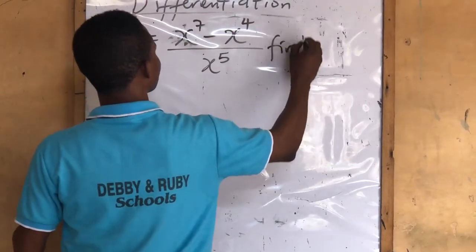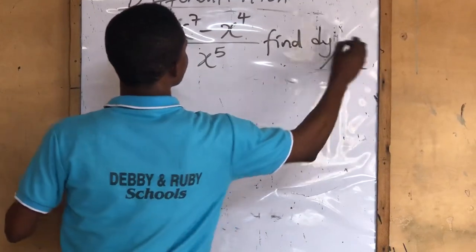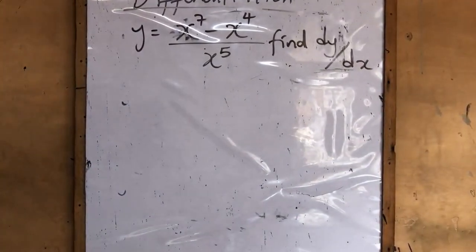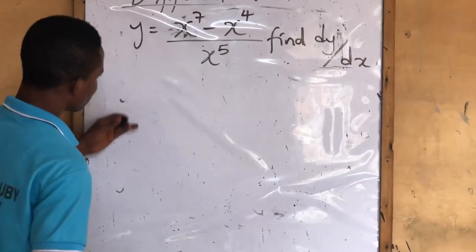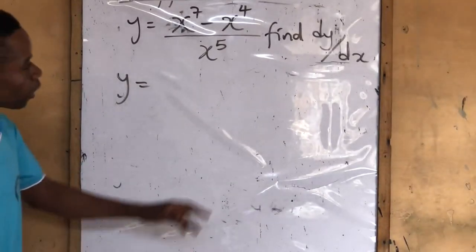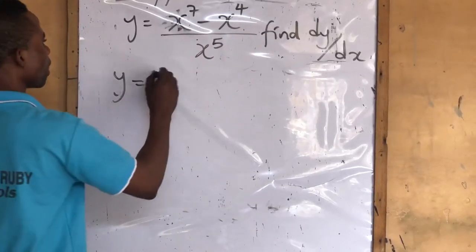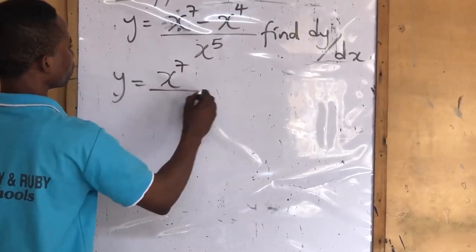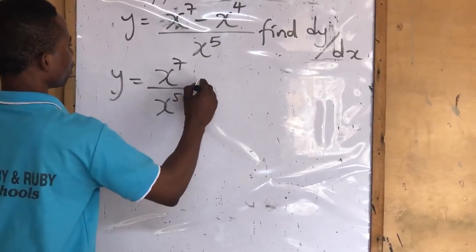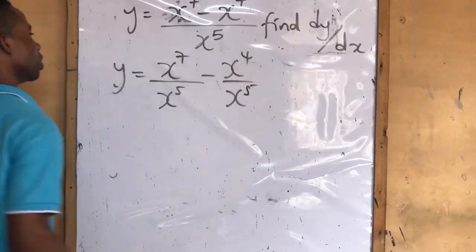They find dy dx. How do we differentiate this? That means it will be y equals to, if you want to differentiate these kind of things, you have to put x raised to power 5 under this box. That will be x raised to power 7 all over x raised to power 5 minus x raised to power 4 all over x raised to power 5.